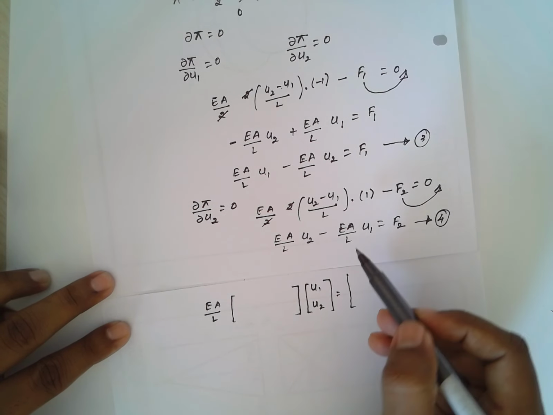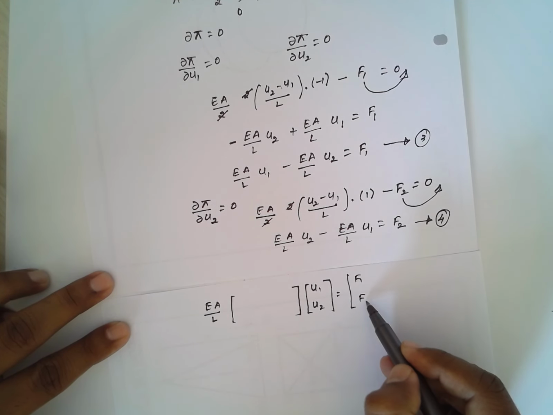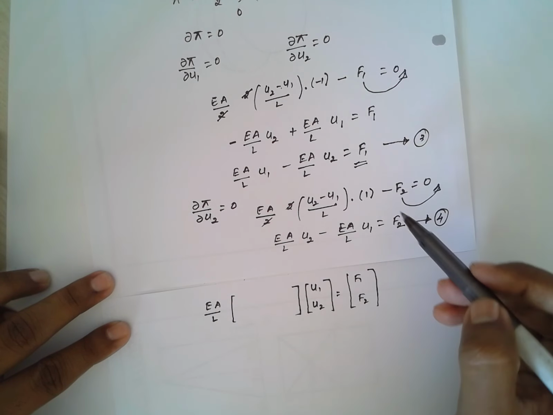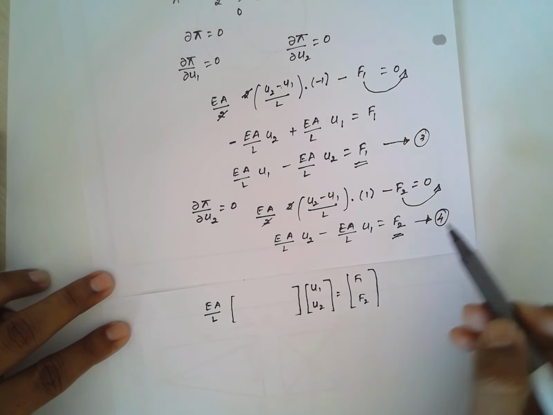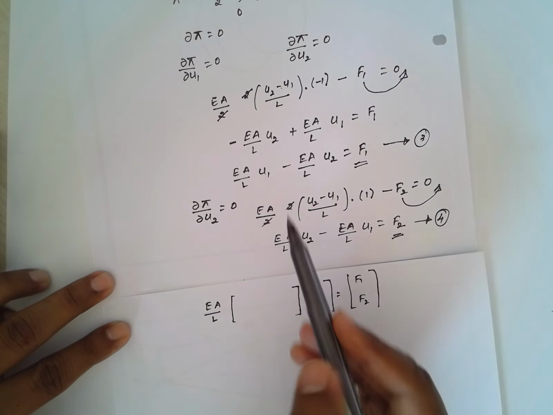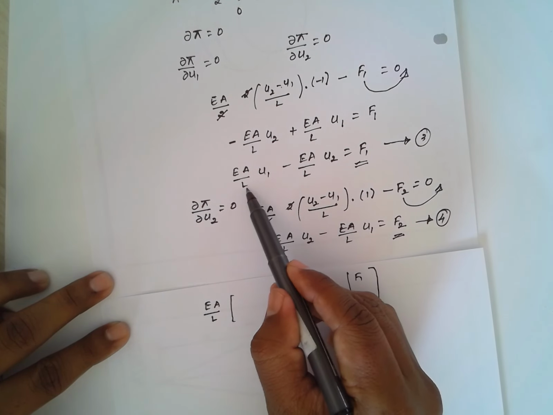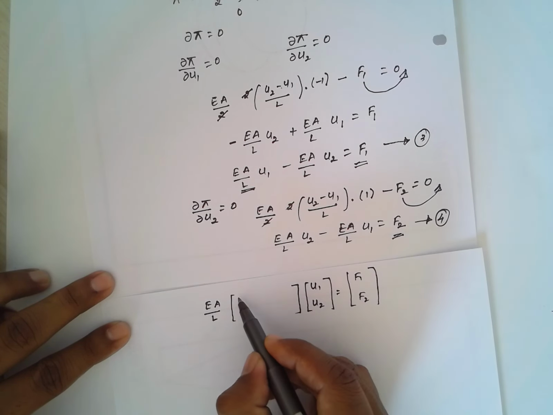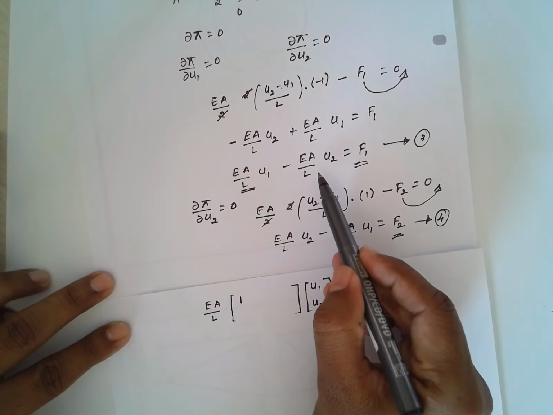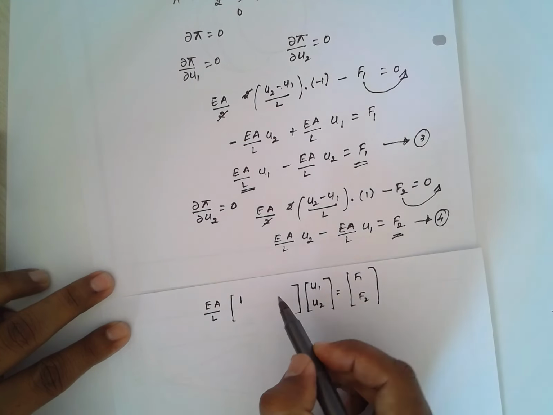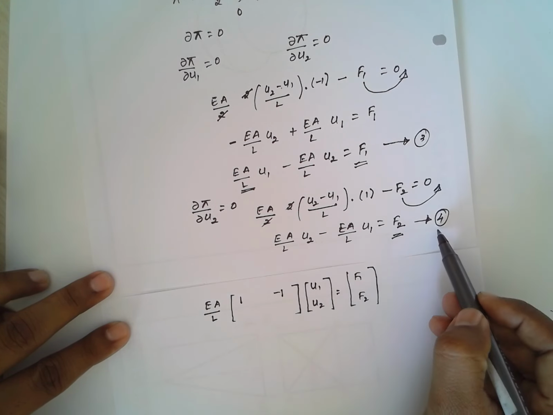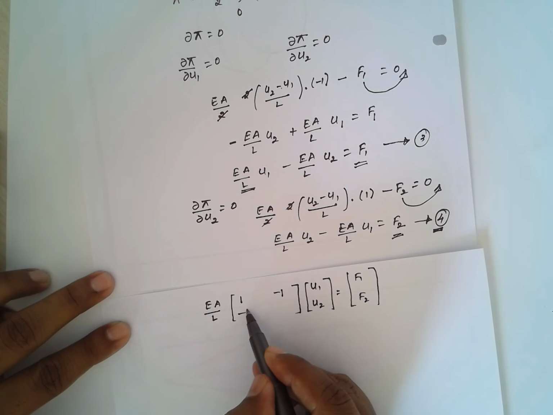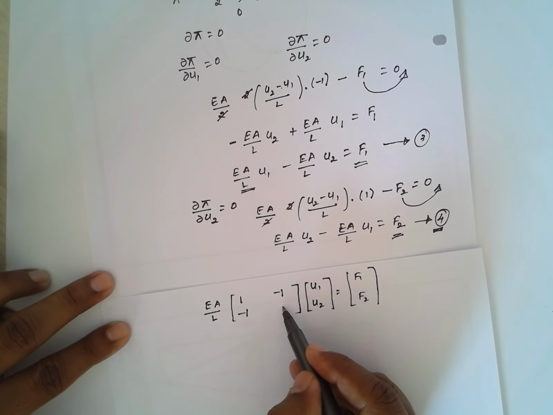The load vector is F1 and F2, so this is load F1 for equation 3 and F2 for equation 4. When I have taken out EA by L as common, the coefficient of U1 in equation 3 is +1 and the coefficient of U2 is -1. Similarly, in equation 4, the coefficient of U1 is -1 and the coefficient of U2 is +1.